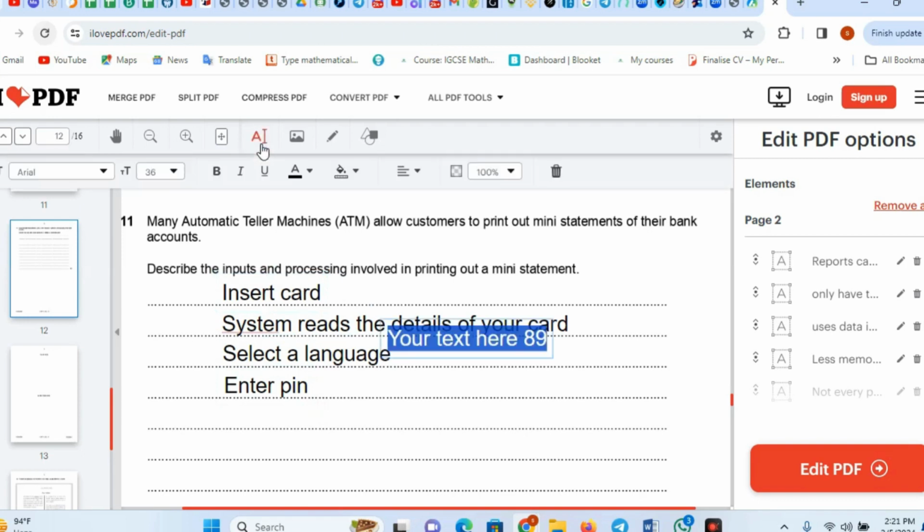After you've entered your PIN, select print.